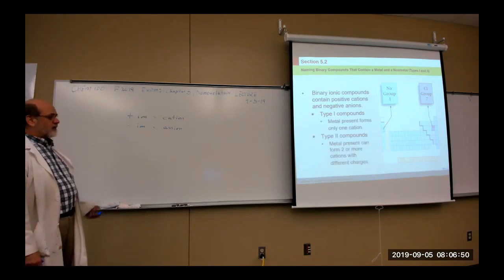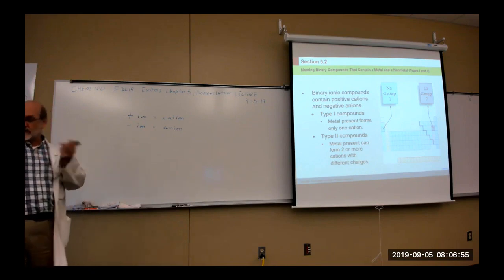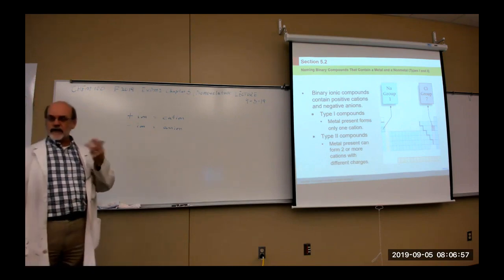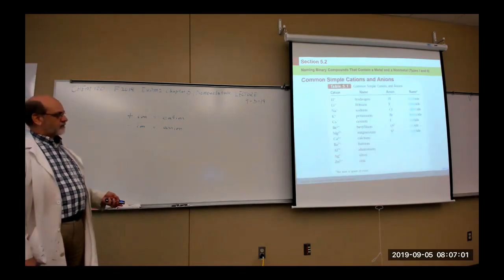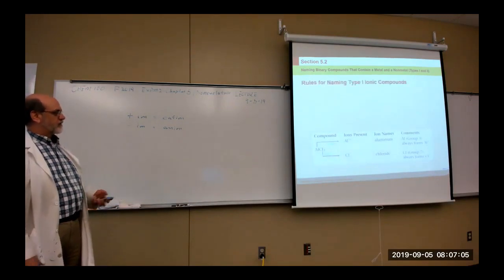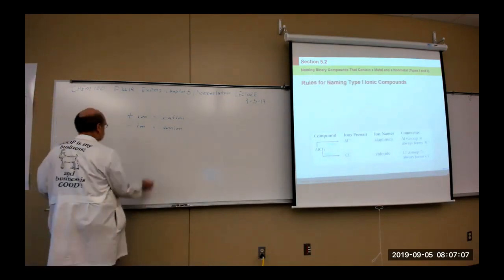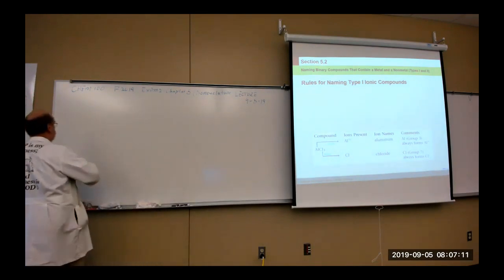Okay, we're going to talk about the three types of compounds. We're going to break them into three types: type 1, type 2, type 3. And let's skip that and actually get into naming. All right, type 1 compound.